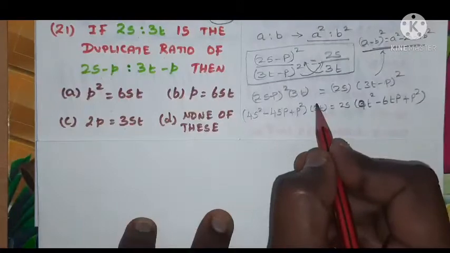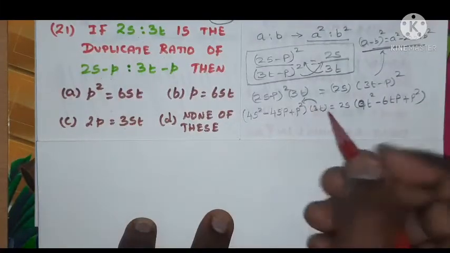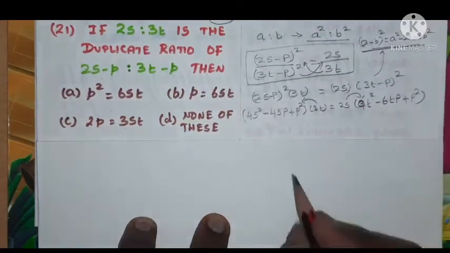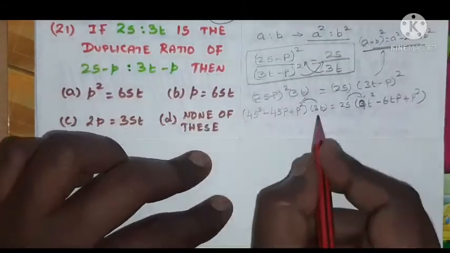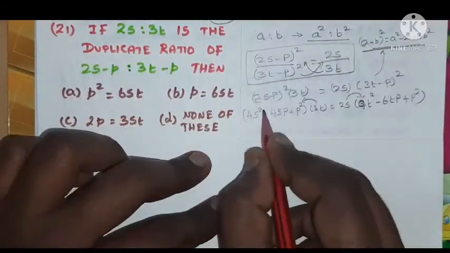Next, just multiply this 3t to this and 2s to this. When I am multiplying this, we will get 3t into 4s², right?